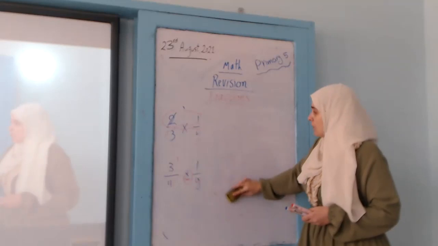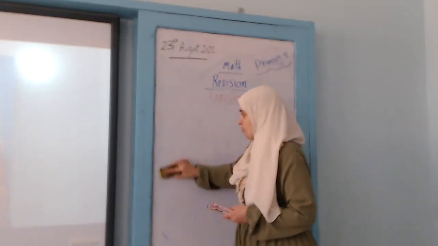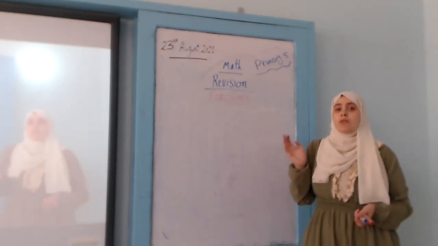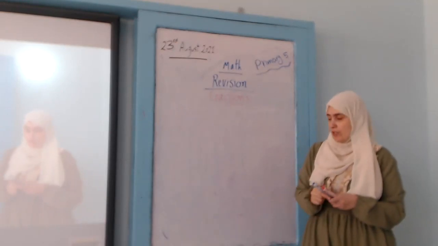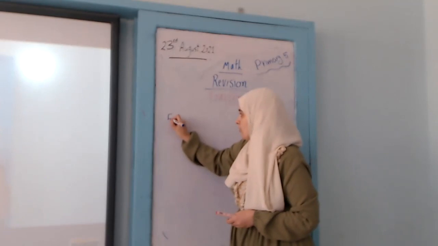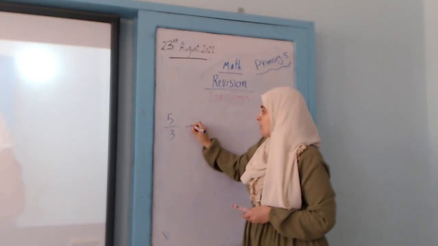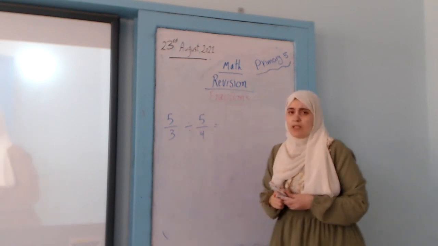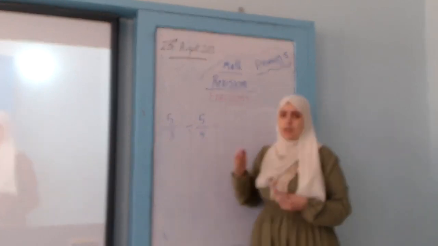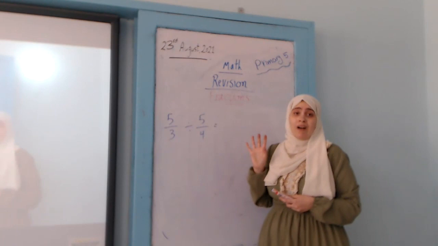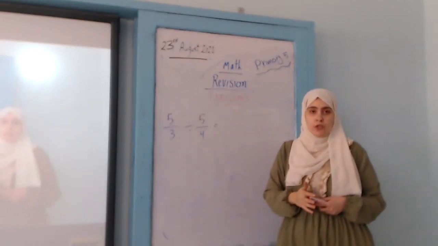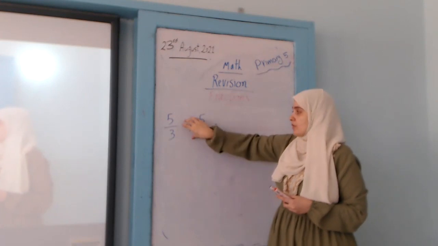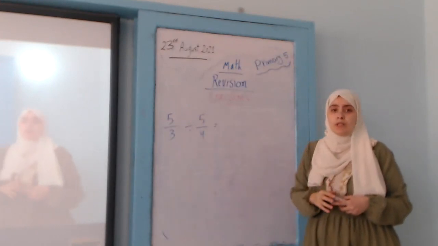Here, let's remember how to divide any two fractions. If I have these two fractions, 5 over 3 divided by 5 over 4, I can't divide two fractions directly, so I need to convert this division to multiplication.